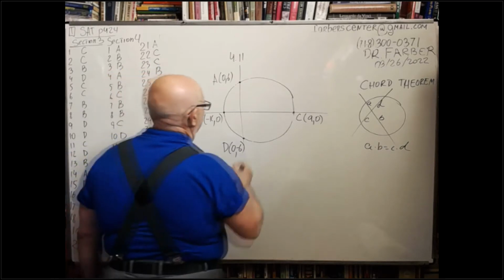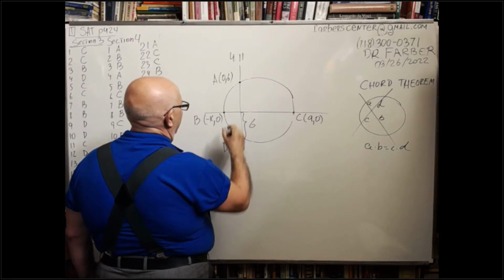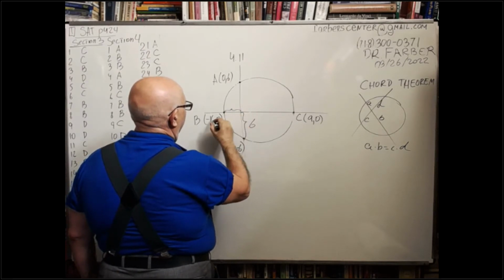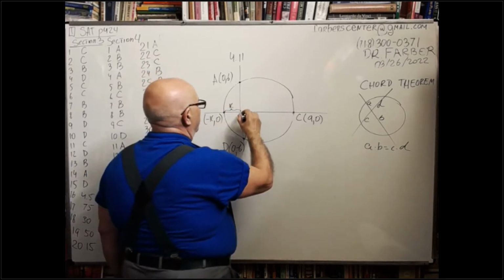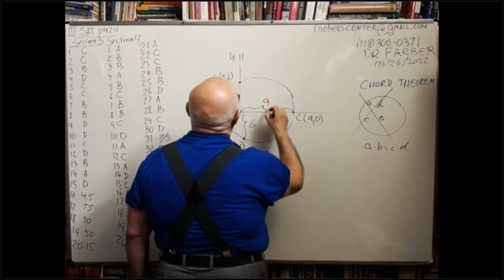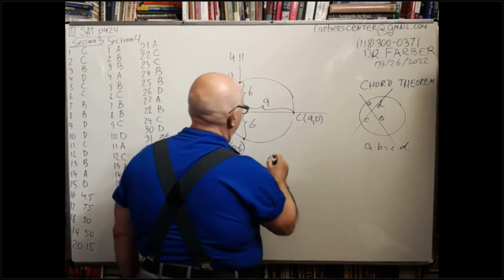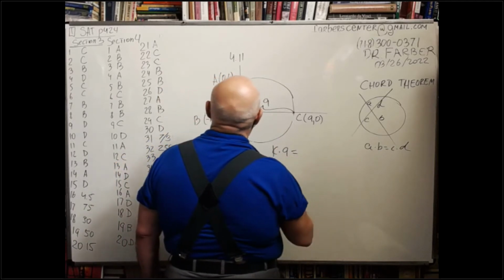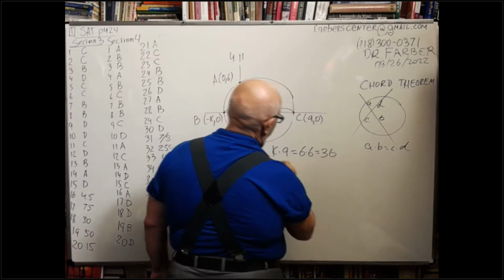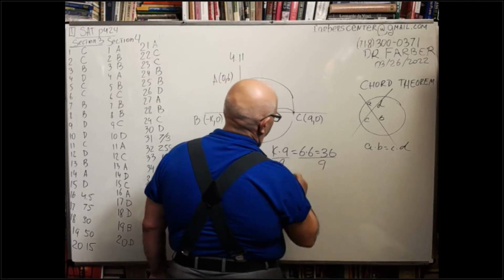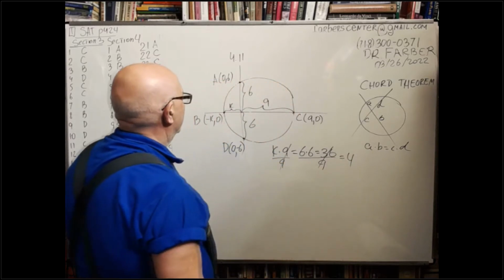For instance, this is 6. This value is K. I'm talking about length. Length is scalar. And this is 9. And this is 6. So K times 9 equals 6 times 6. 36. Divide by 9. Equals 4.